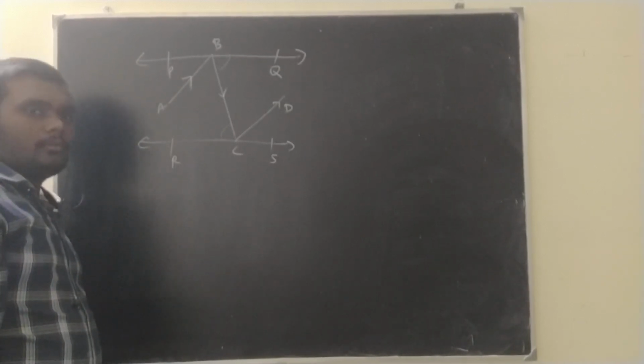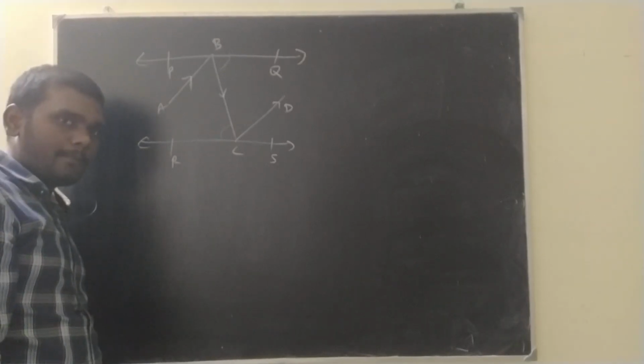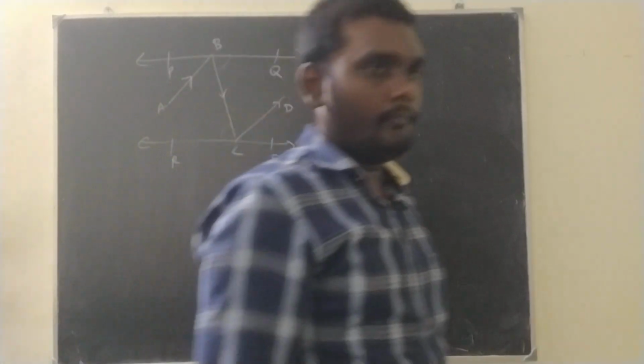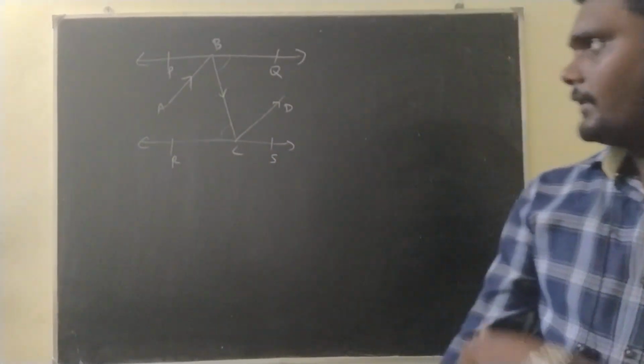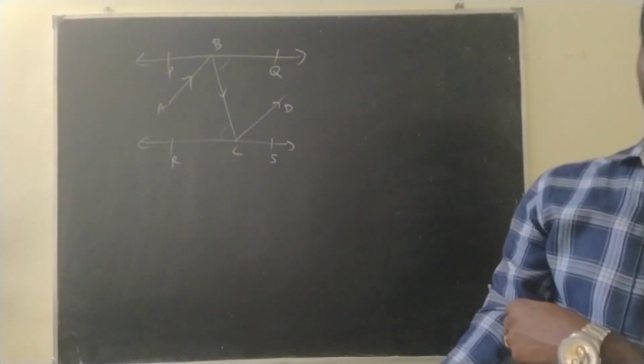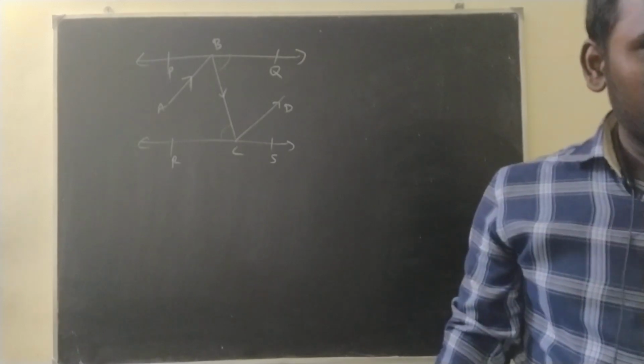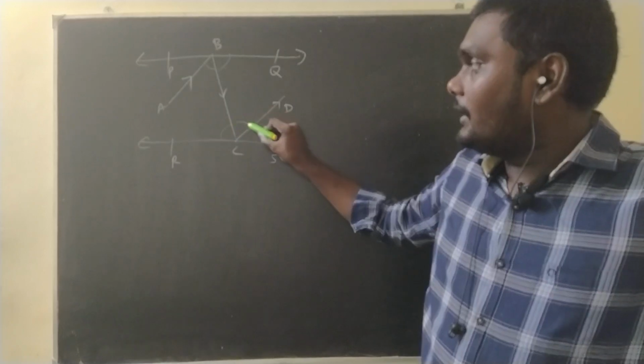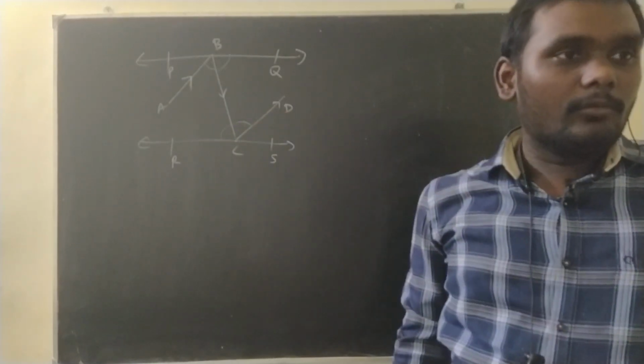Then how can this be proved? Any ideas? Can you guess? BC is transversal. Yes, BC is transversal. Then we should prove these two angles are equal. Is there any other way to prove those two are equal?